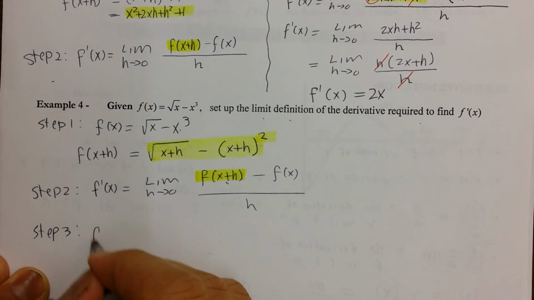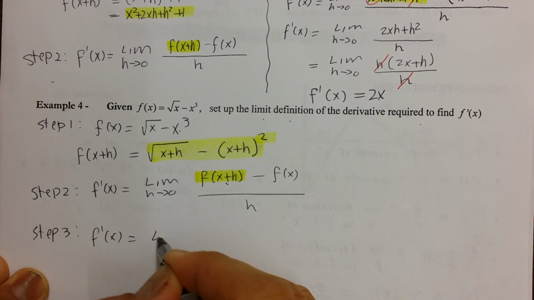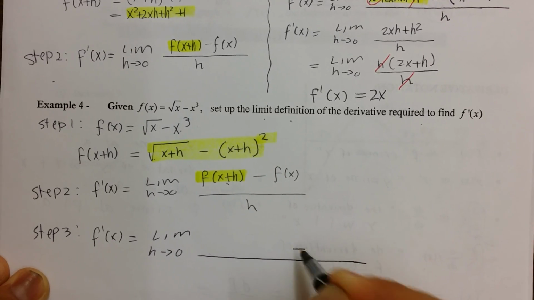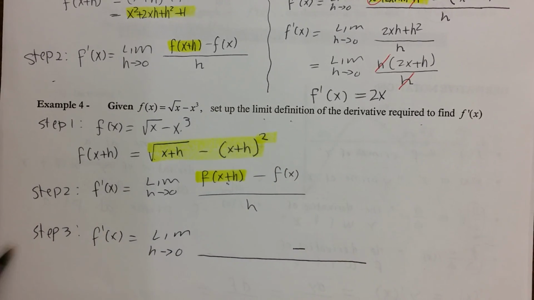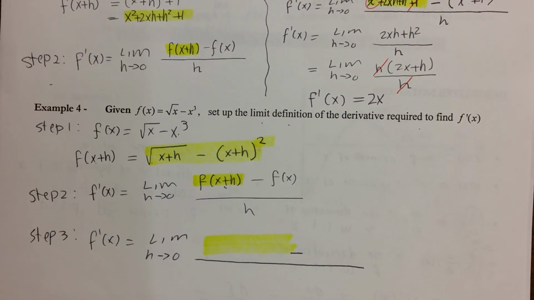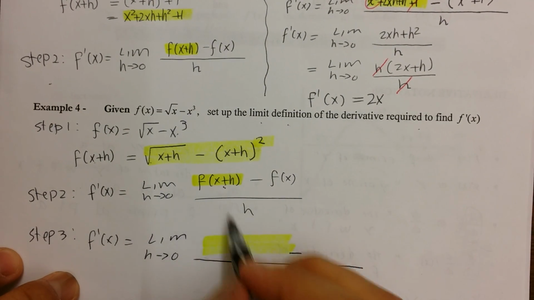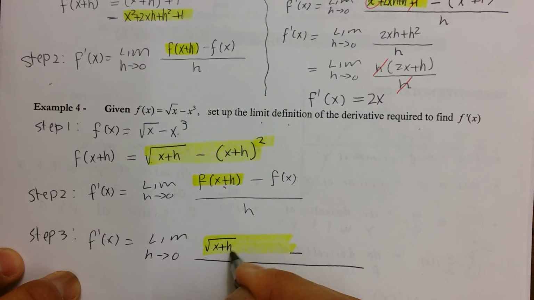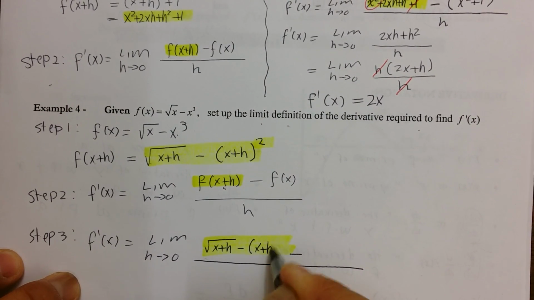So step 3, we plug it in. Then we get something like this. Remember, this goes before the minus sign. This is f of x plus h, which is this guy. So put that in there, x plus h minus x plus h cubed.